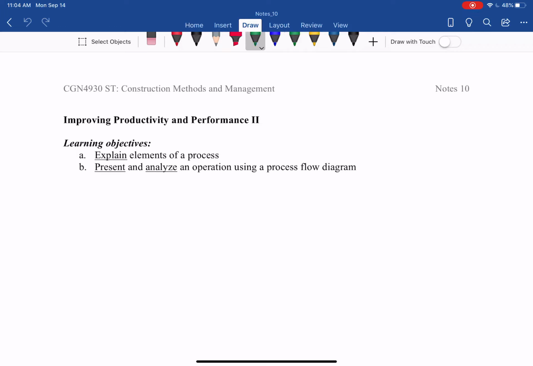So let's first define what a process is.